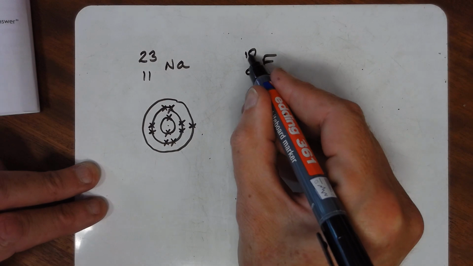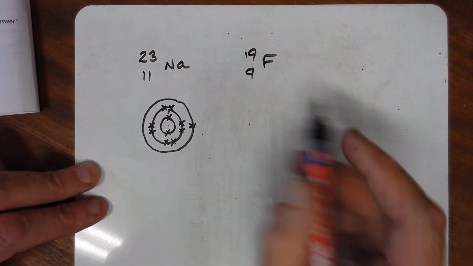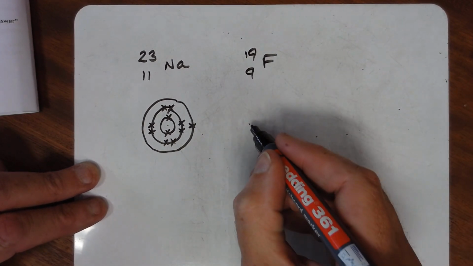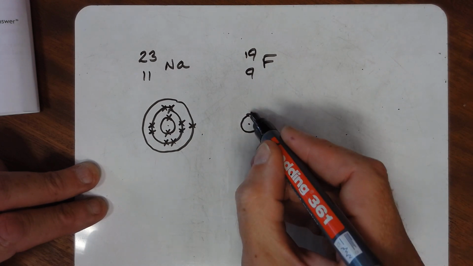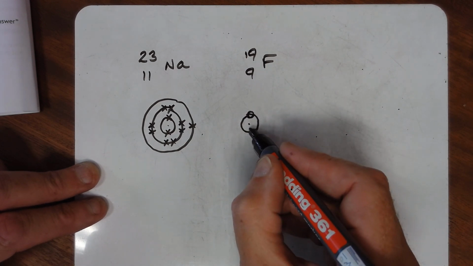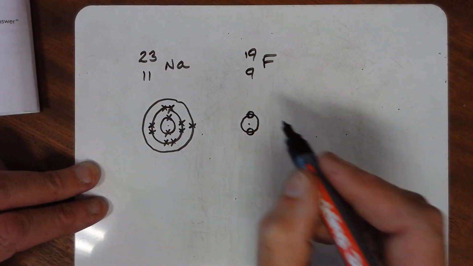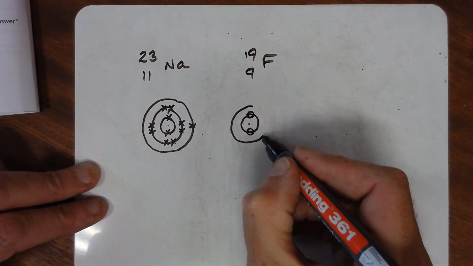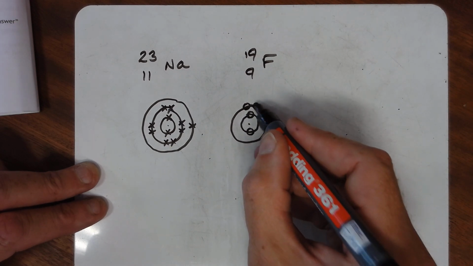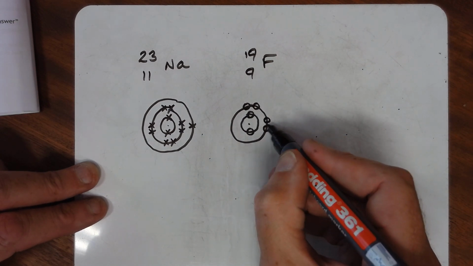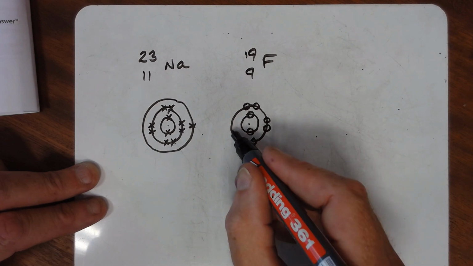It should be 19, 9, my bad. 19, 9 fluorine. And we're going to use a different symbol for these electrons. They're still all electrons. 2, and this time this one is not going to be filled. Got 6, 7, 8, 9.